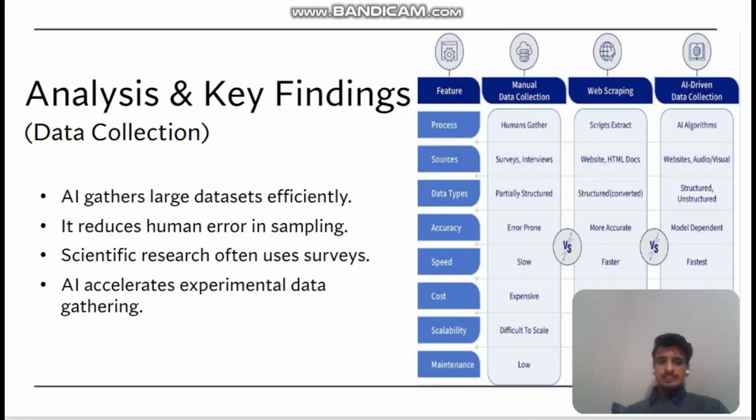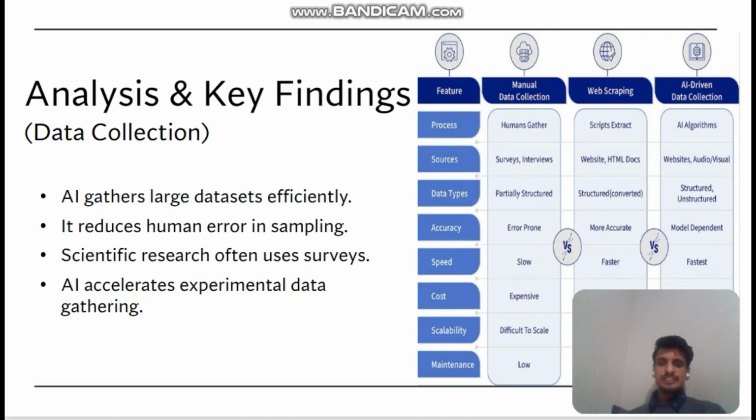Scientific research often uses surveys. Nowadays, AI can collect the survey responses automatically. You don't need to do your survey manually. You don't have to go to other companies and interview the people to get their results. As far as scientific research, AI helps you complete the survey in just one or two minutes.